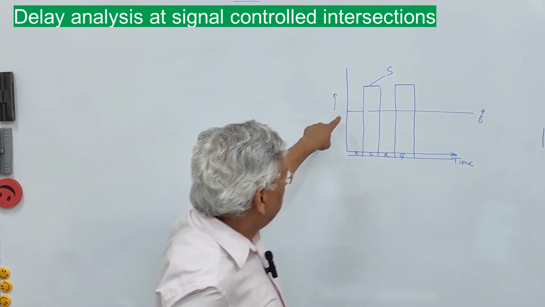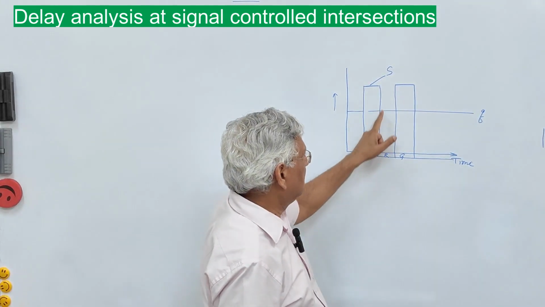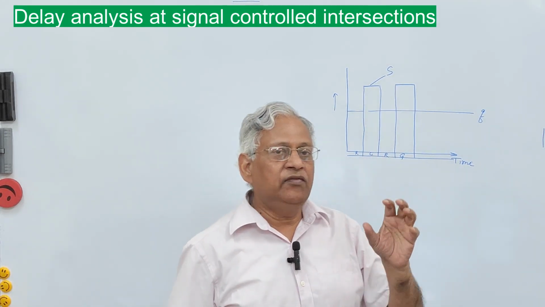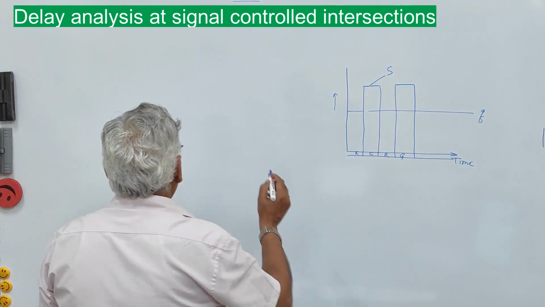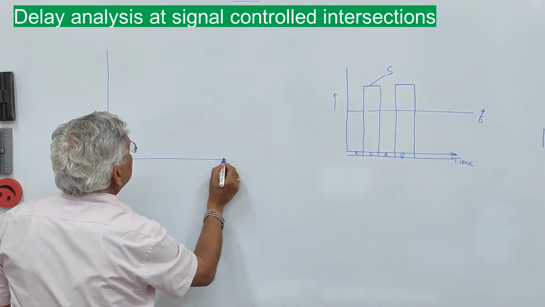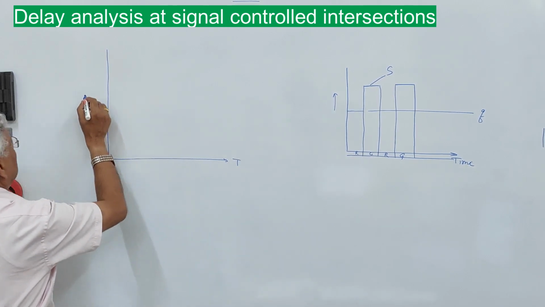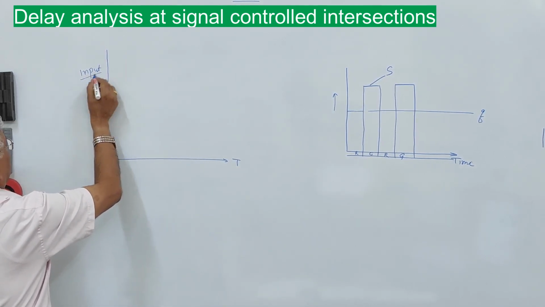Now, this is the input to the intersection and this is the output from the intersection. Now, if you plot these arrival and departure on a cumulative scale, then it will be like this, that this is the time and this is input or output.